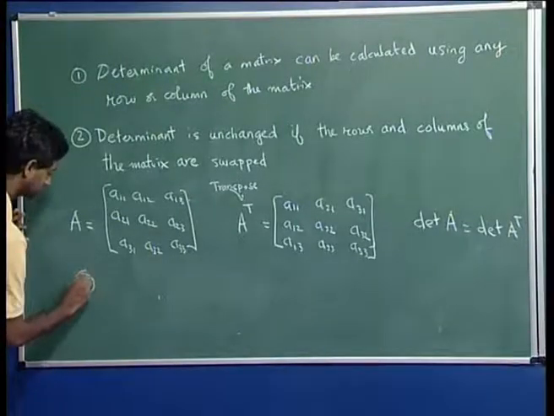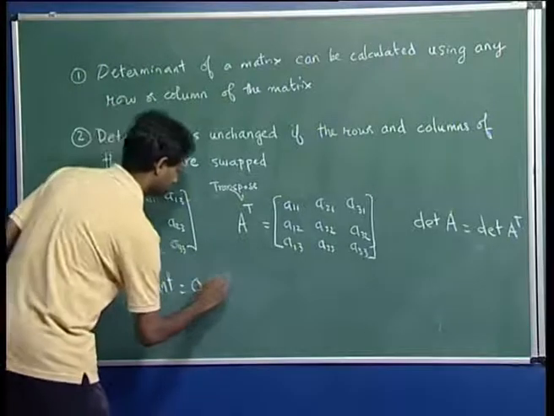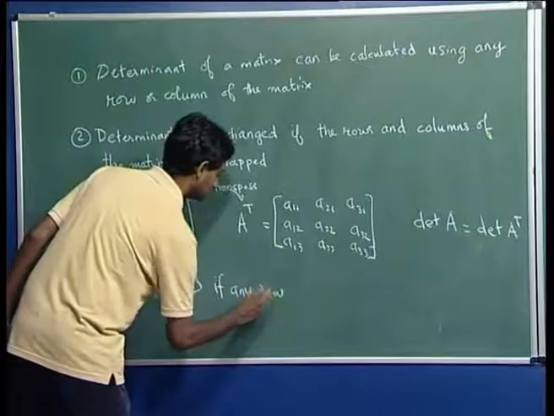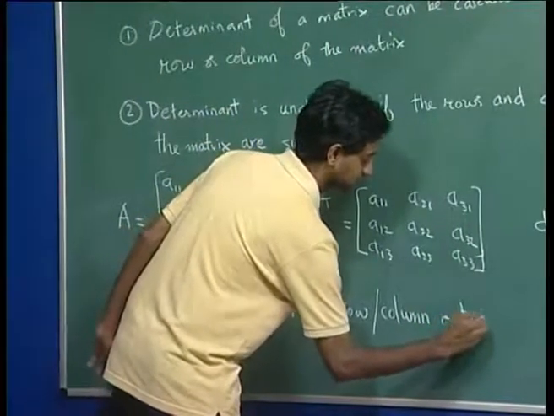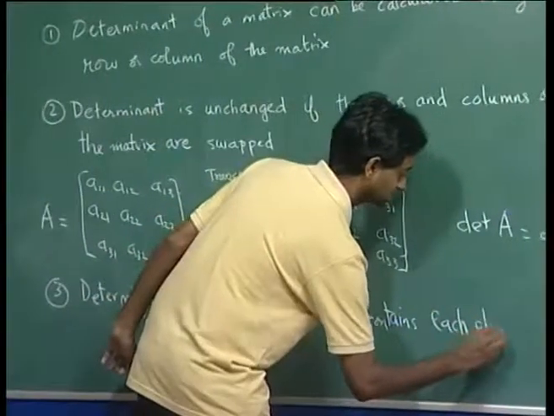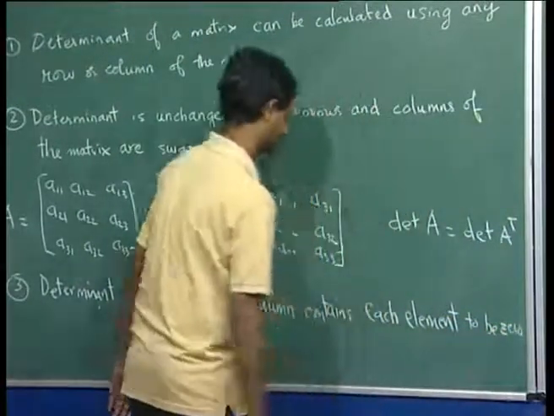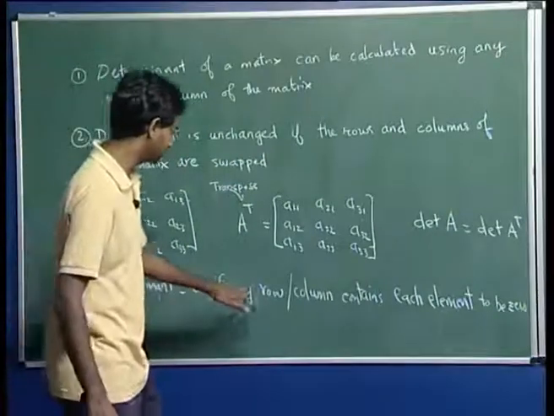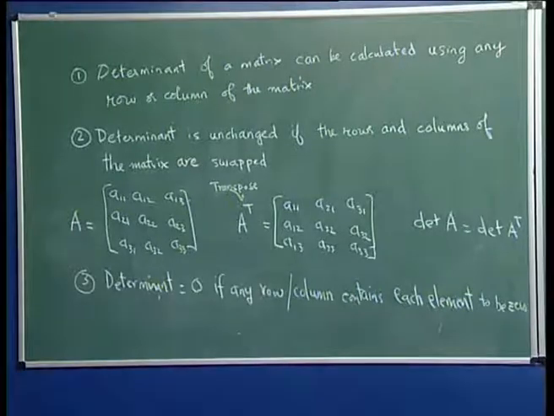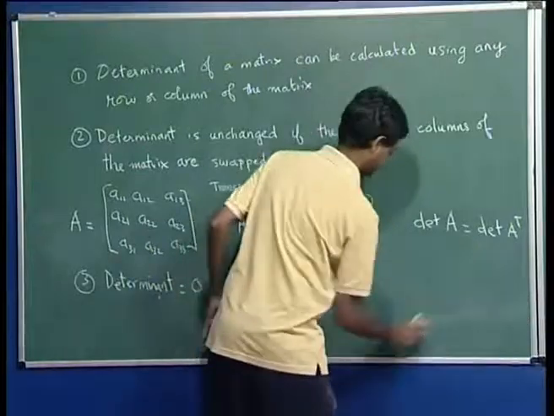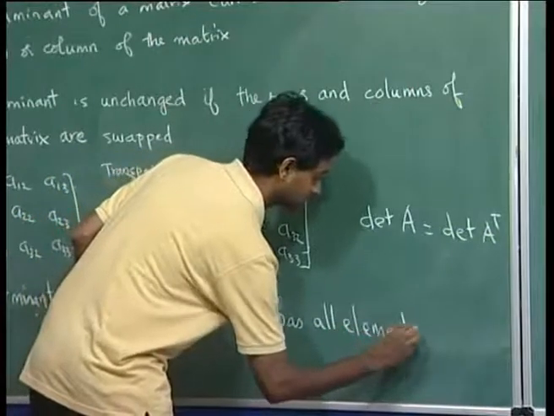The third property is that the determinant is equal to 0 if any row or column has all elements 0.